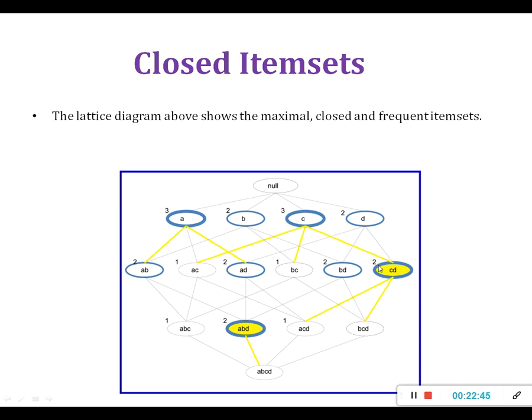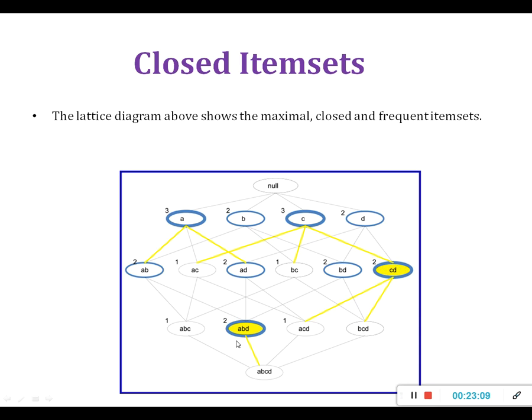Now we move directly to CD because it is marked dark. CD has supersets ACD and BCD. You can see no support count of its supersets matches the support count of our item set. So CD is also my closed item set.